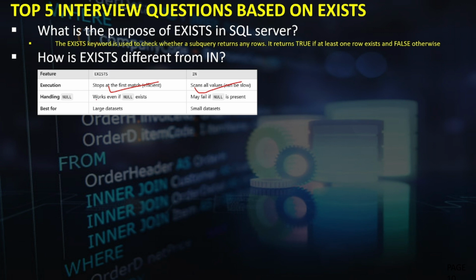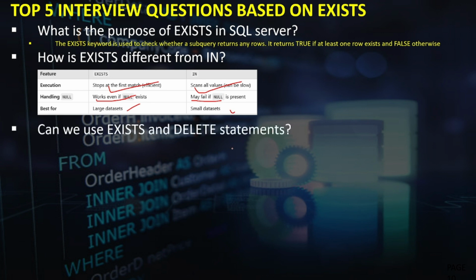Exists also works even if there are null values, but in may fail, and we have seen a failing scenario. Exists is best for large data sets, but for a small data set, in is best. I think this clarifies your answer. And all three I have already shown in the practical examples.